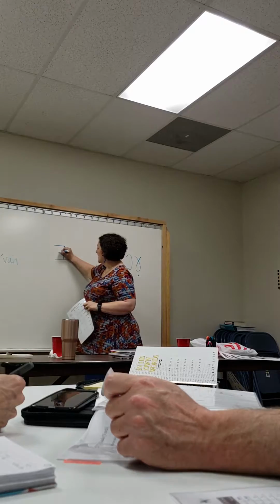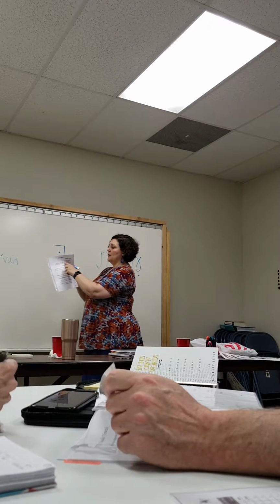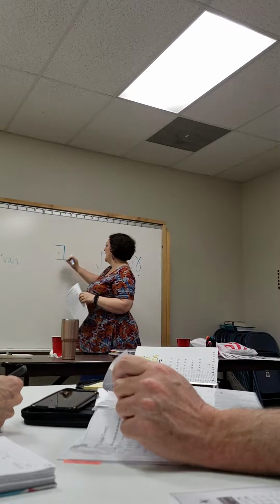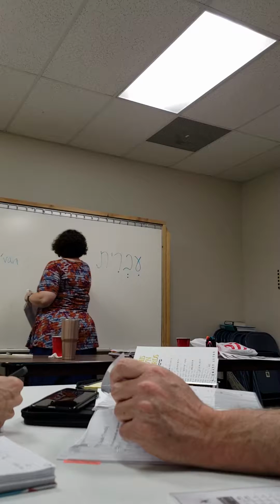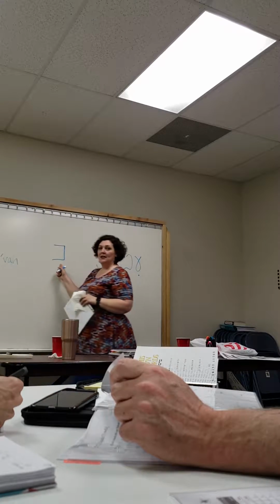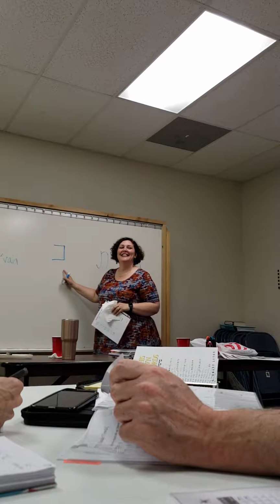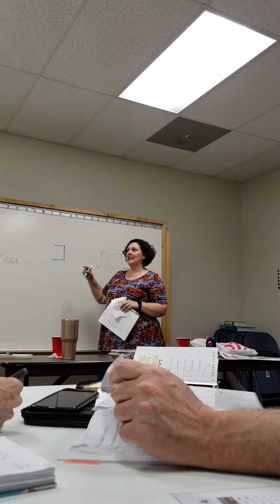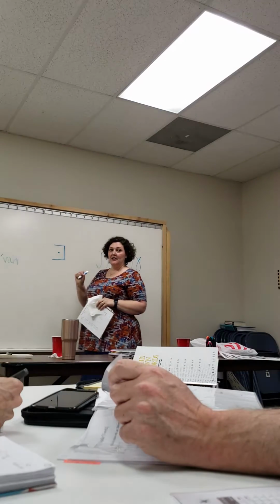When it does, it's ba. The next one underlined is the kaf. When it doesn't have a dot, it's chaf. When it does, it's kaf.